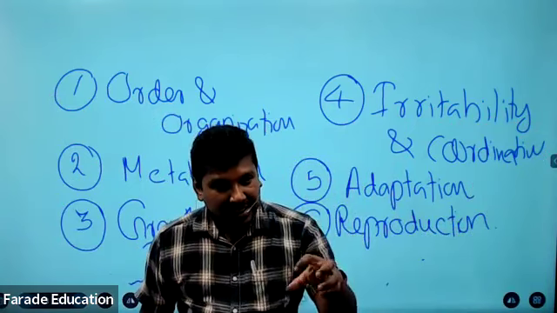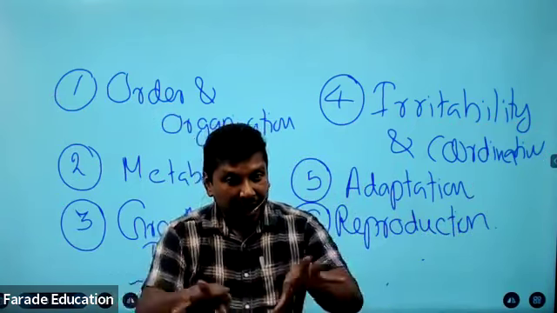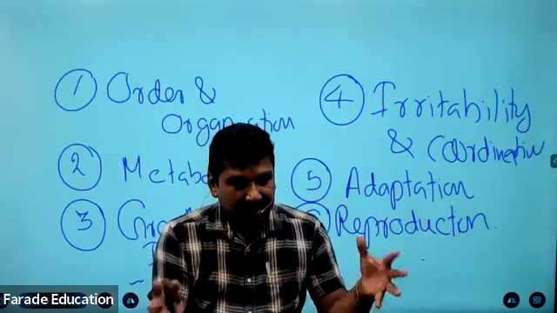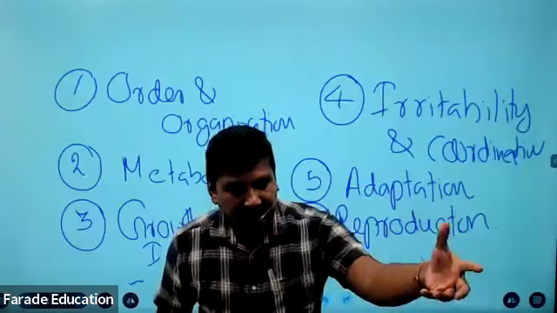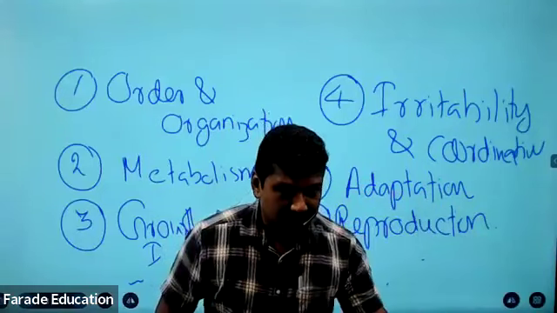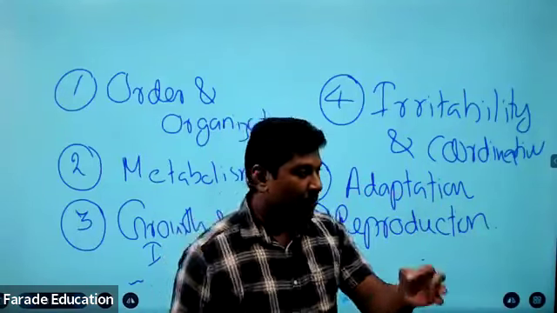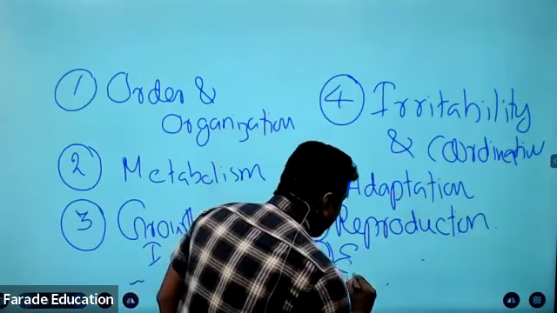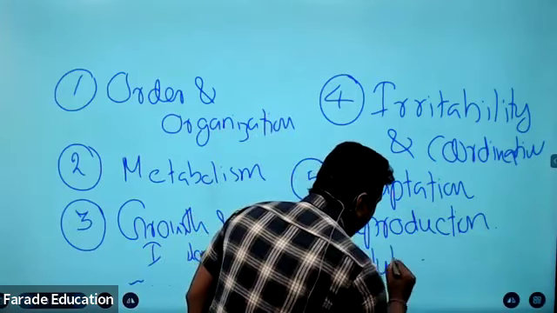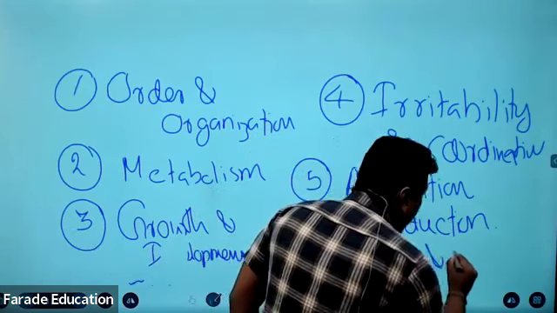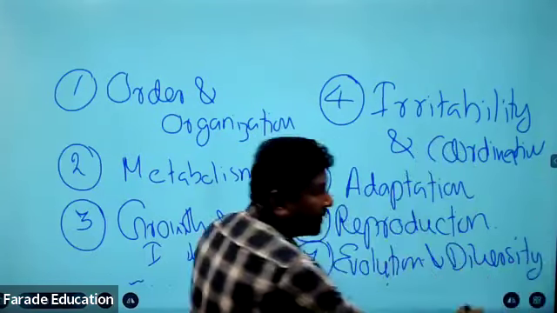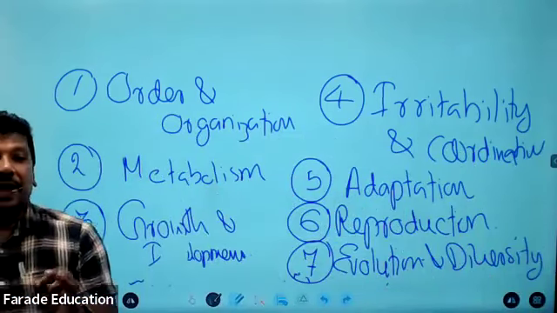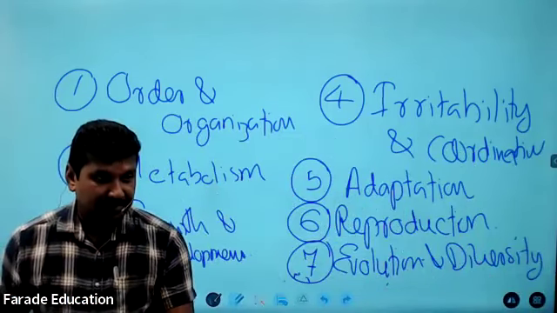And what you can see today is the biodiversity available. Though everyone is made up of cells, everyone is different from each other. That is diversity. So evolution and diversity are shown by living things.